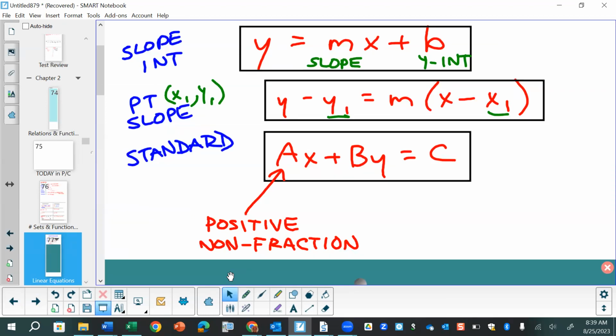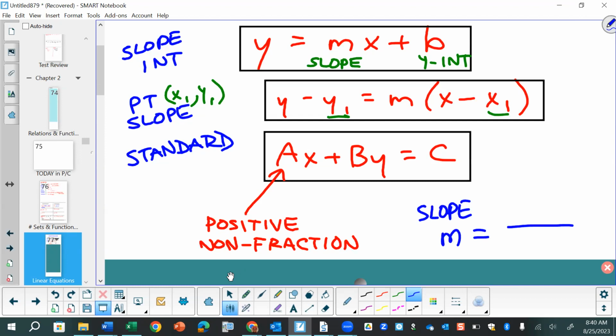Really, the only other formula we need today is slope. What is the slope formula? What words do we use? Yeah, well, that's the actual formula.